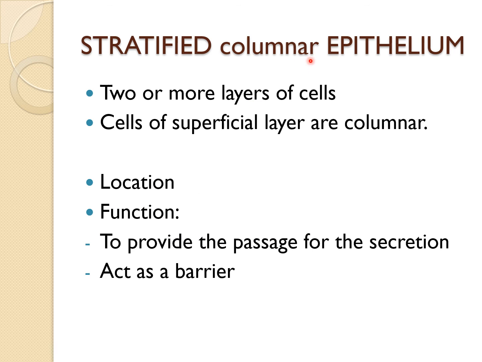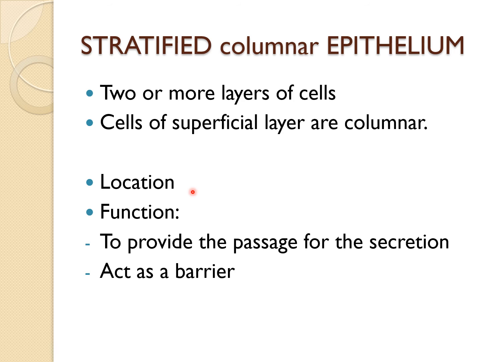The stratified columnar epithelium has two or more layers of cells, with the superficial layer columnar. The deeper layers are polyhedral and cuboidal, and the superficial layer is columnar cells. It is found in the conjunctiva of the eye, certain large excretory ducts like those of the pancreas and salivary gland, and regions of the male urethra.